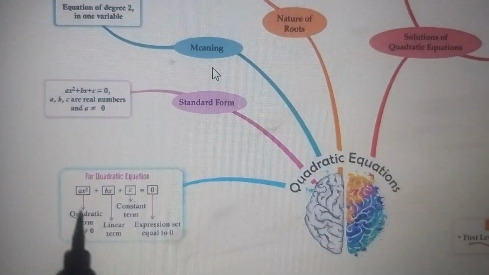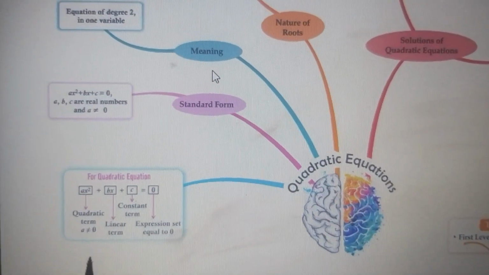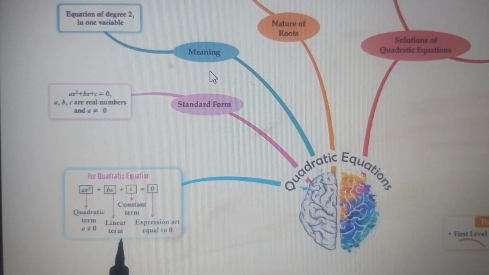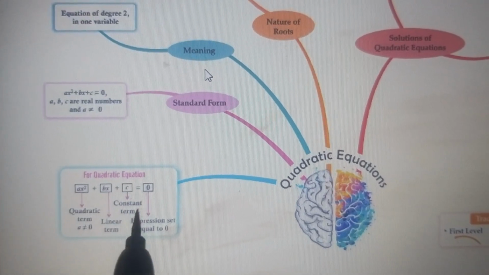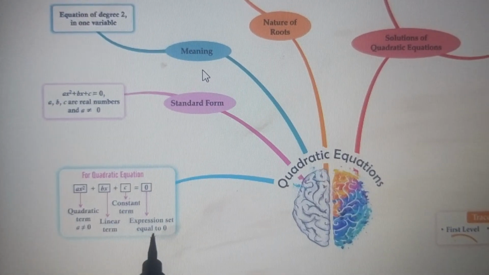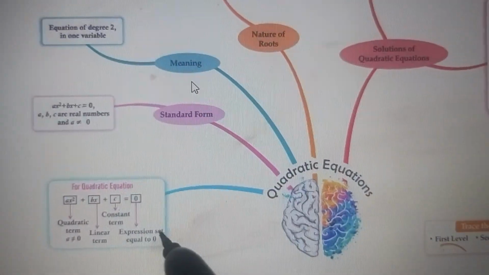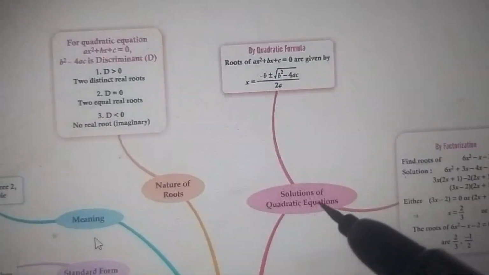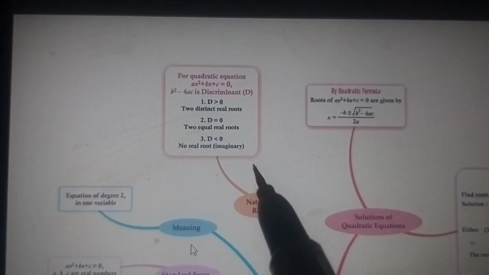In a quadratic equation, the term a is not equal to 0 always, bx is a linear term, c is a constant term, and the expression is always equal to 0. Then we say that it is a quadratic equation.